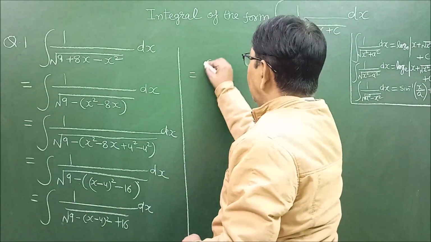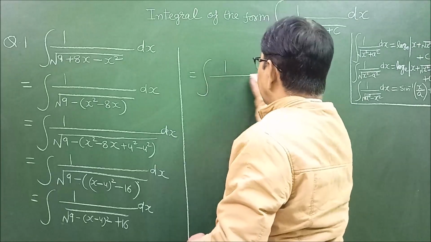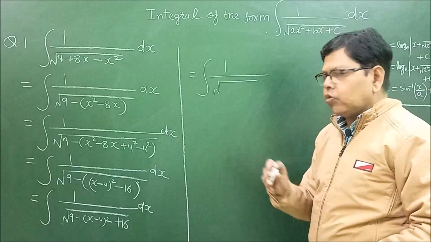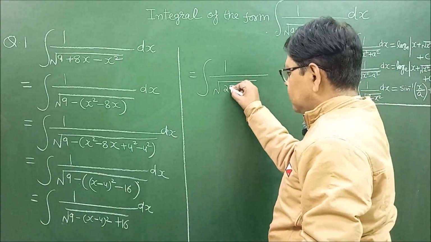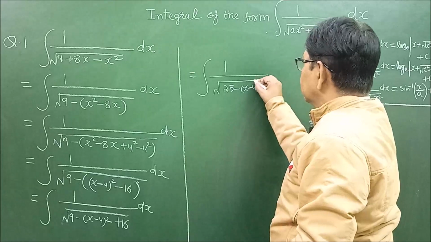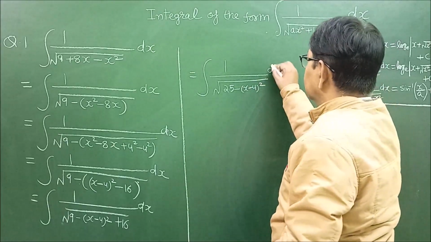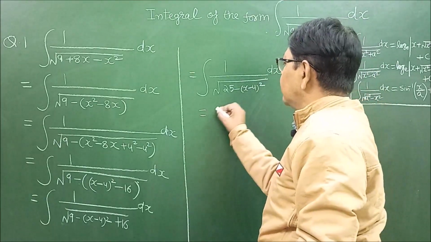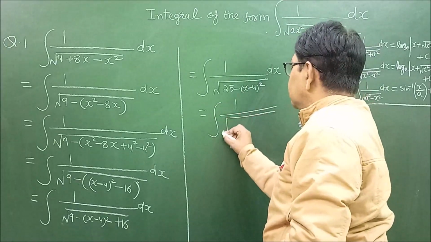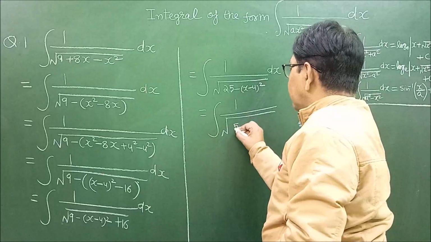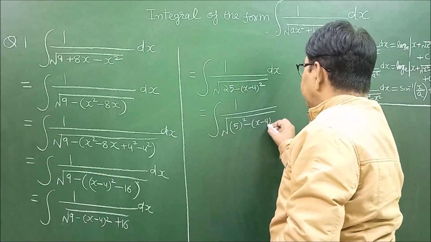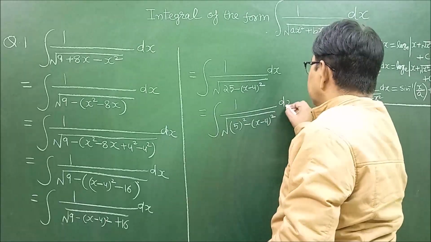So the integral of 1/√(25 − (x − 4)²) dx, which is equal to the integral of 1/√(5² − (x − 4)²) dx.